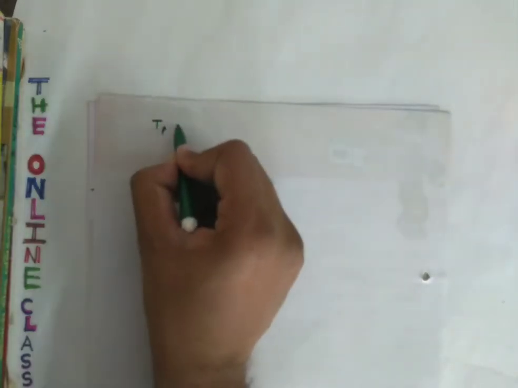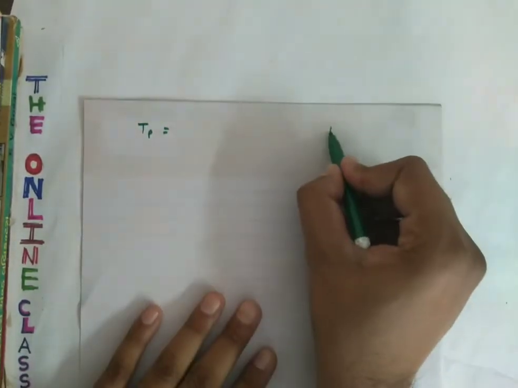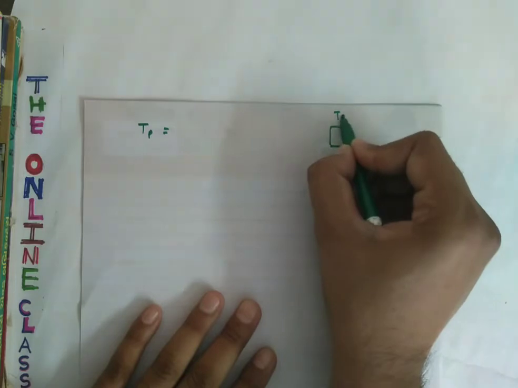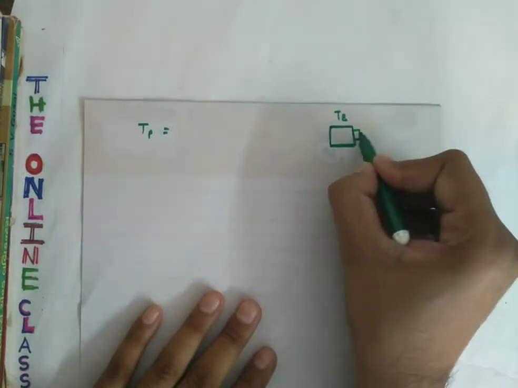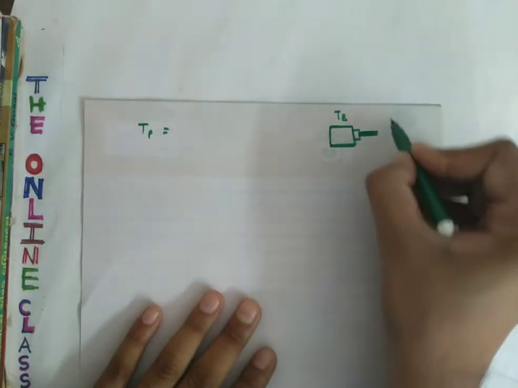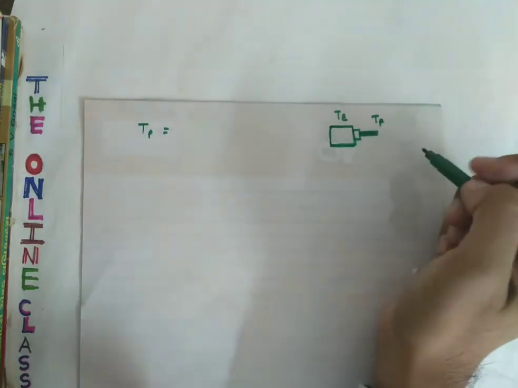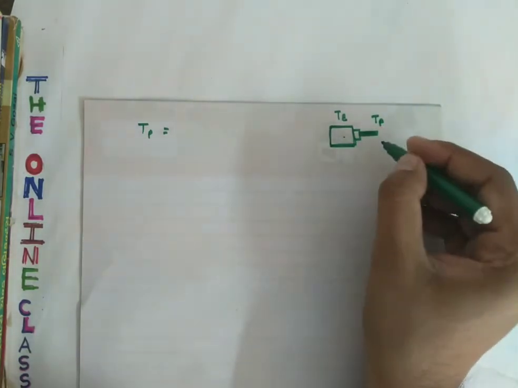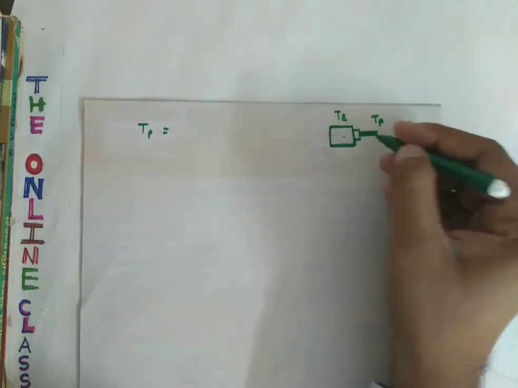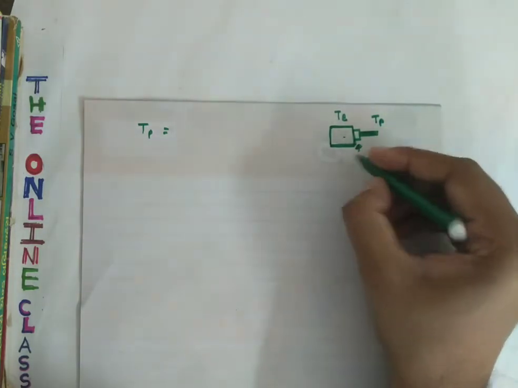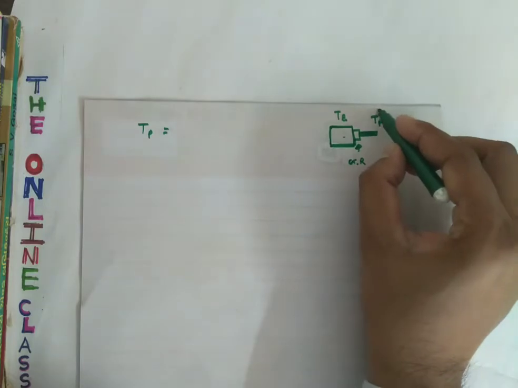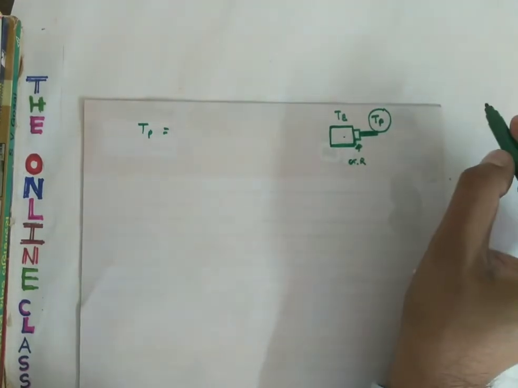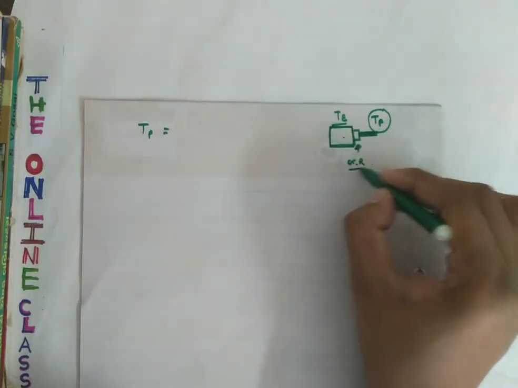So here Tp is equal to, we know that the engine develops engine torque, then next to the engine there is the clutch and there is the gearbox and last is the propeller shaft, whose torque is Tp. Between the engine and propeller shaft there is the clutch and gears, so we use the gear ratio, which is also given. For finding the torque at the propeller shaft, we multiply engine torque by gear ratio.